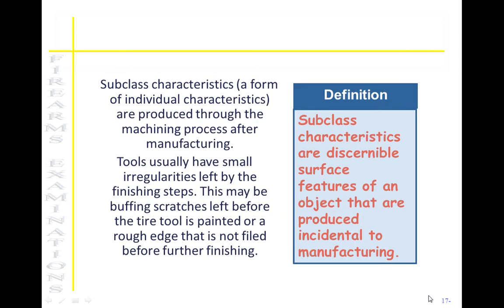There are subclass characteristics that are produced through the machining or the manufacturing process. Tools will usually have very small irregularities left on them by finishing processes. So this might be something like buffing, scratches that are left after a tire tool is painted, or a rough edge that isn't completely filed in that finishing process.